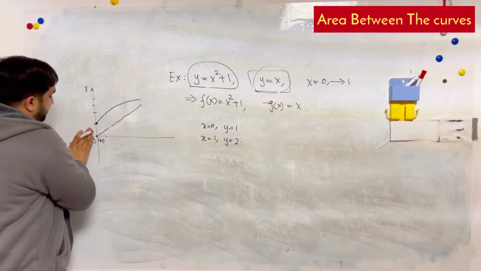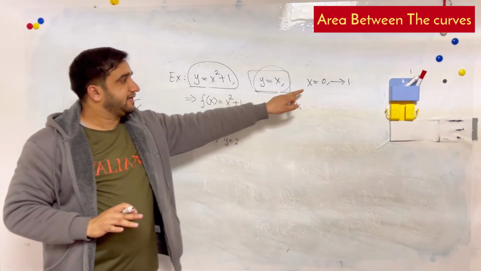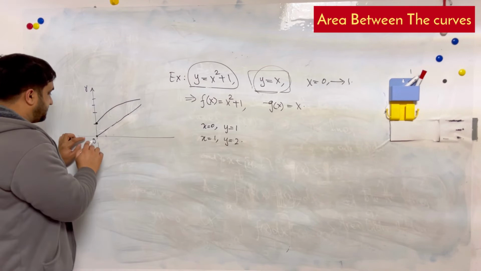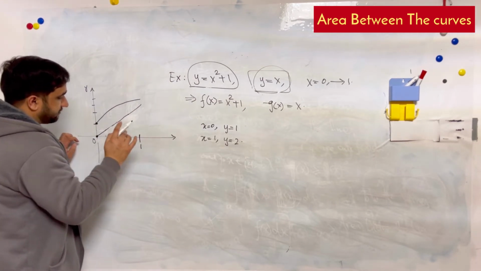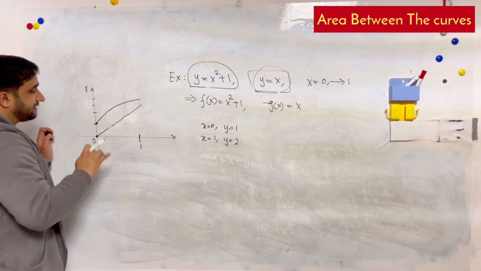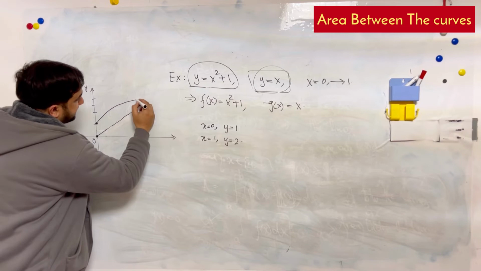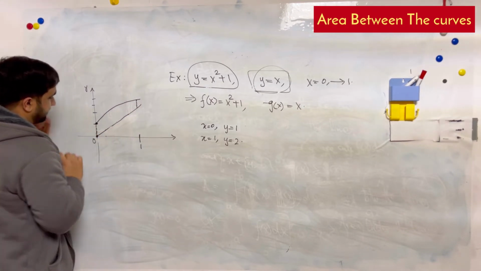Now my region of interest is between 0 and 1. x is from 0 to 1. Suppose on this x-axis, this is 0 and this point is 1. I want to extend it so that you can watch it closely. If this is 1, then the region of interest is this one and this one.